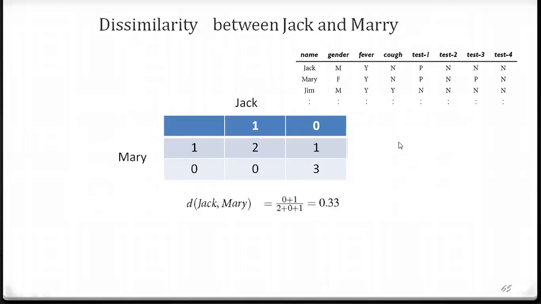For example, here we are considering only test 1. We are trying to find out the dissimilarity between Jack and Mary. Here we have 1 and 1, the occurrence of the same events, YY, NN, PP, NN.